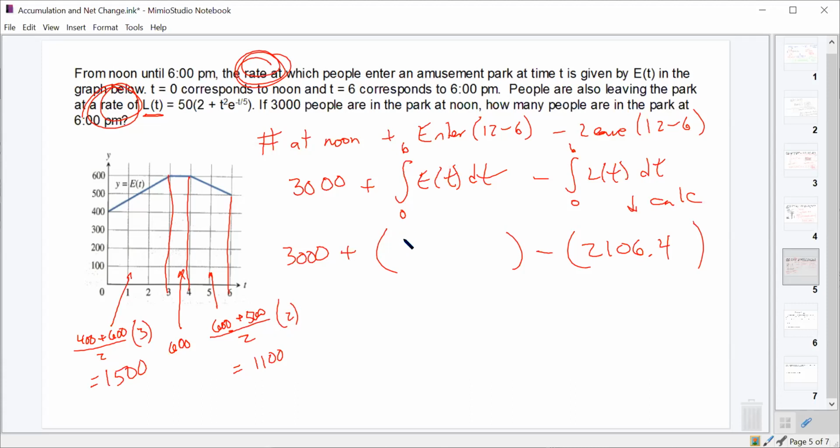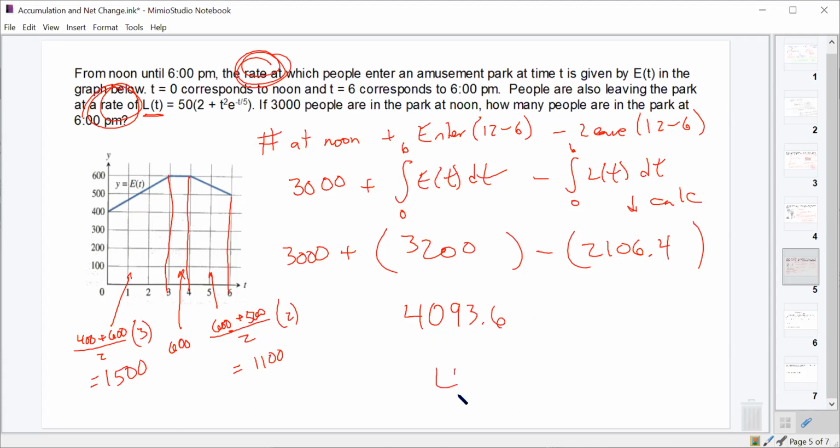Should be 3,200. And so 3,000 plus 3,200 minus 2106.4 gives us what? 4,093.6 people.